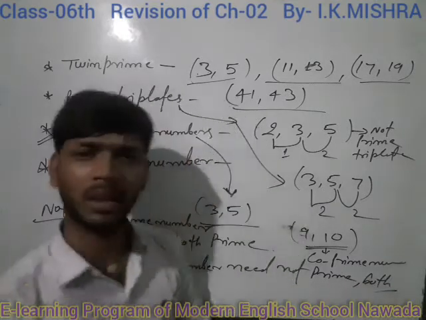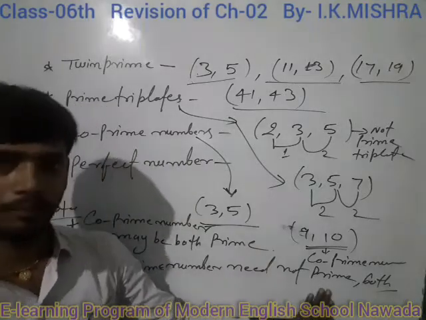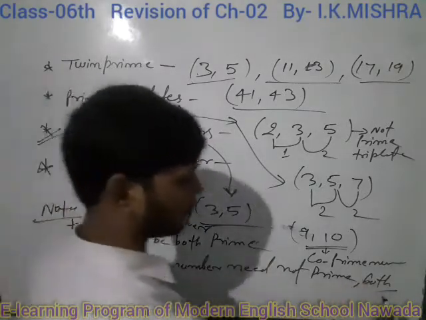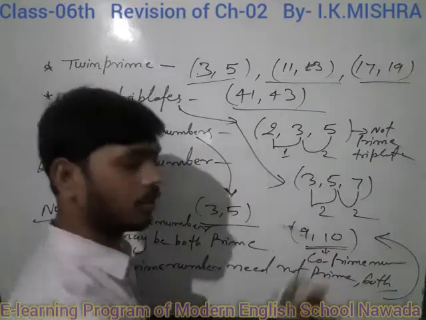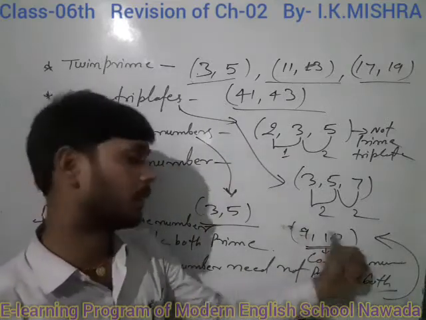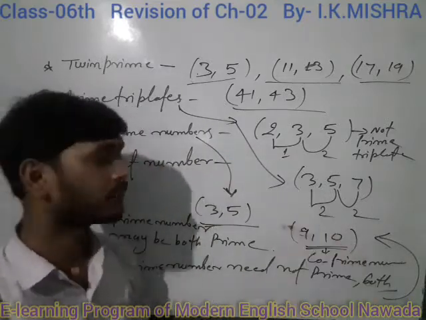That means both need not be prime. Here in the example, both are not prime but these are co-prime numbers.